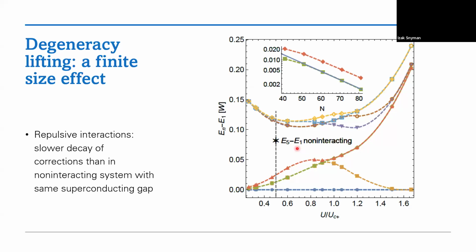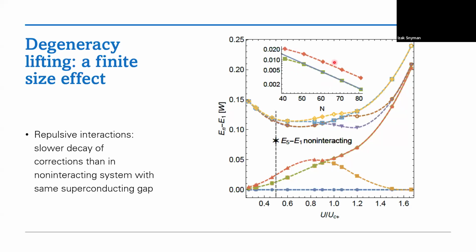So these extra interactions produce extra end-to-end correlations that aren't there in the non-interacting system. This is what this picture shows. At this dotted line, we look at the exponential decay of the finite size degeneracy, and then we ask how big a gap do I need in a non-interacting superconductor to get the same decay.